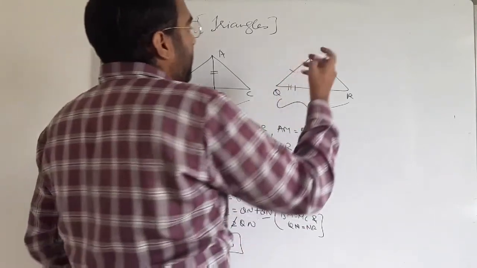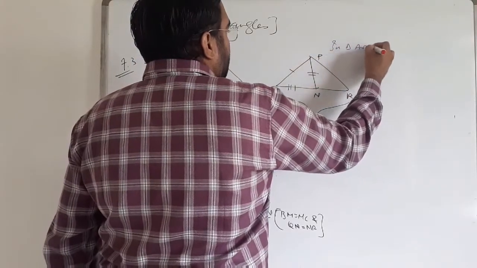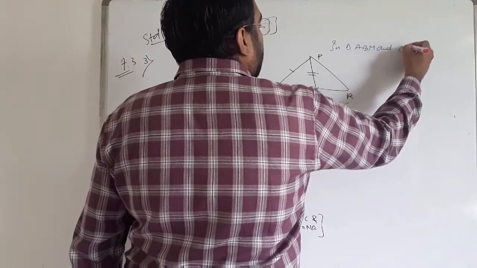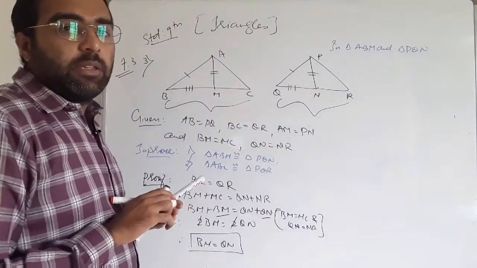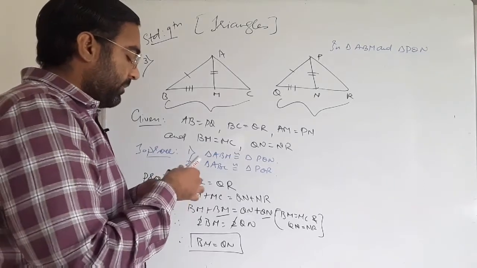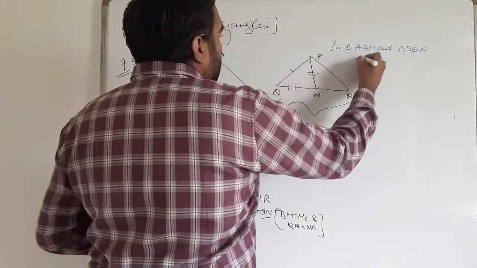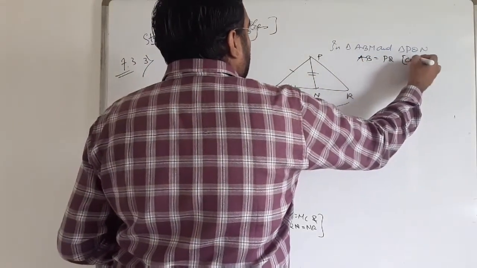So in triangle ABM and triangle PQN, AB is equal to PQ, that is given.